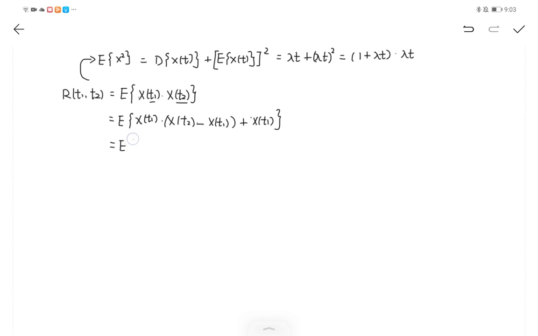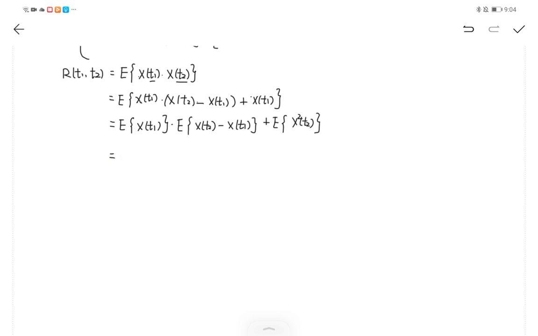That might be the expectation of X(t1) multiplied by the expectation of X(t2) minus X(t1), plus the expectation of X(t1) squared. And now we can calculate them directly.